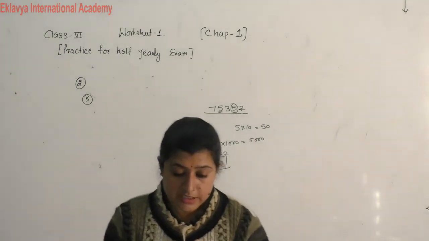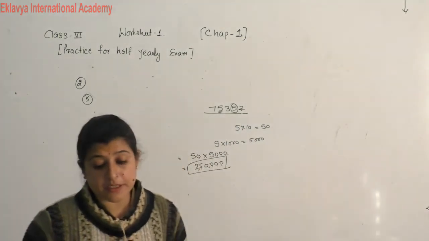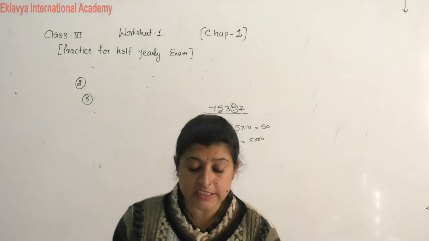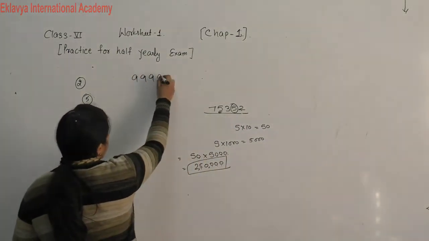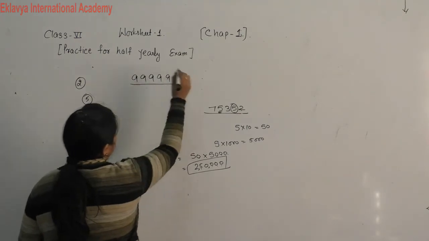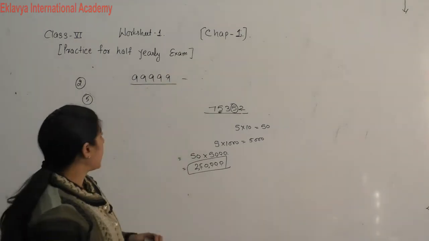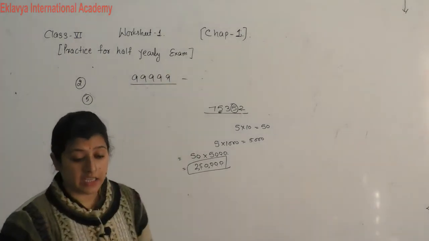Okay, now see the next question. The difference between the largest 5-digit number and the largest 5-digit number with 3 distinct digits. The largest 5-digit number is 99,999.